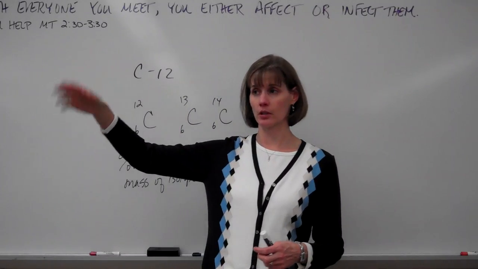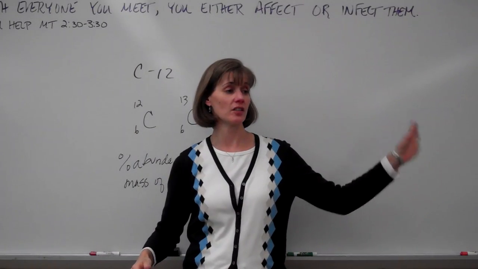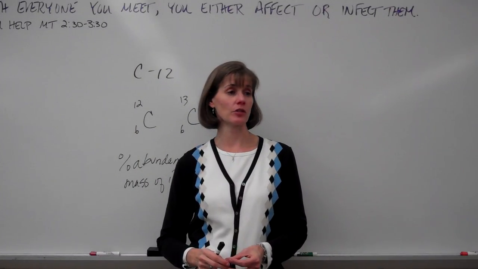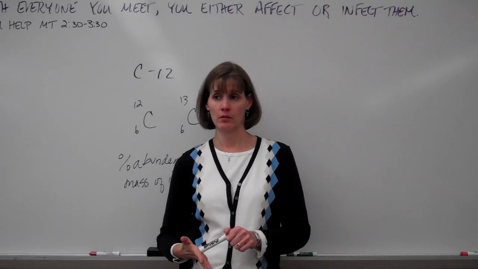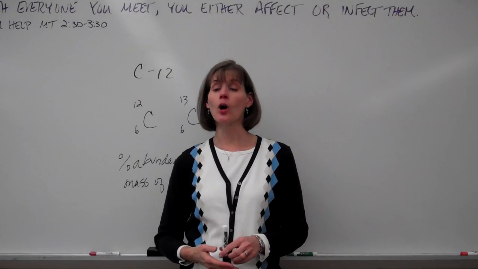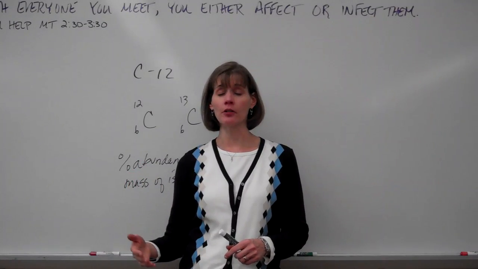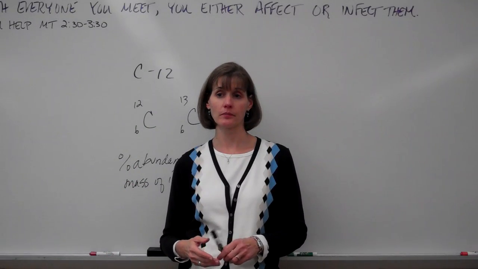We all go and look in the CRC handbook to figure out what those values are, because scientists, long before us, have done experiments and figured it out experimentally. If I ask you to calculate the average mass, I'll give you the percent abundance. Okay?